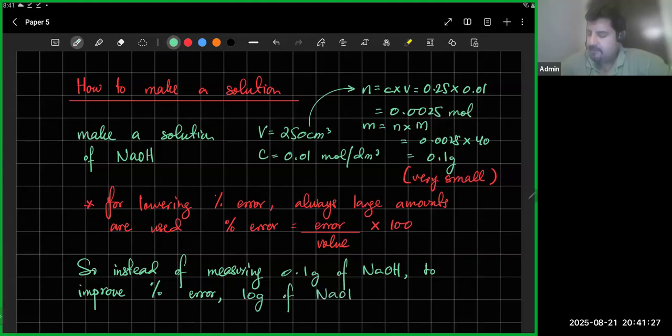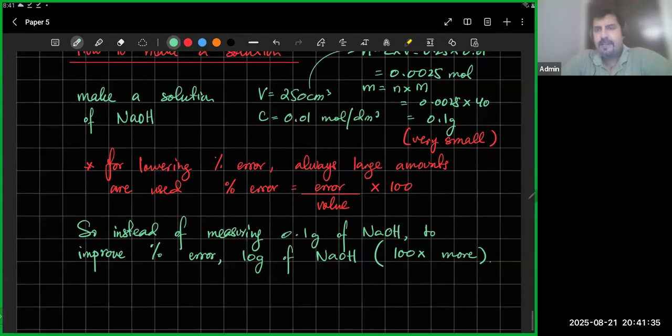Well, 10 grams is 100 times more. Because I'm going to measure a much bigger quantity, I'm therefore going to prepare a solution that's going to be 100 times more concentrated.